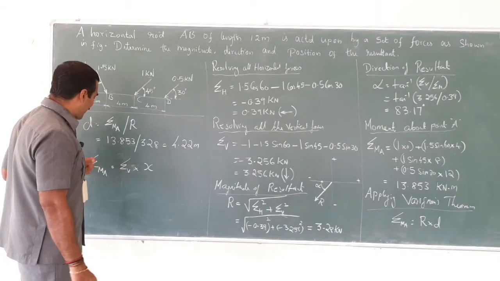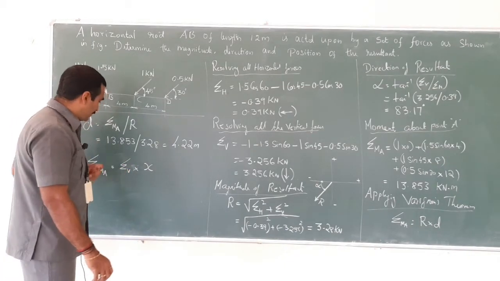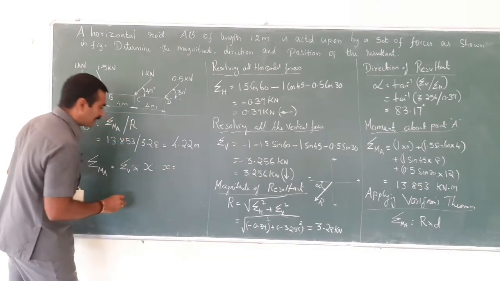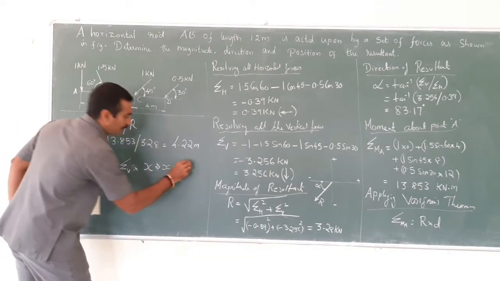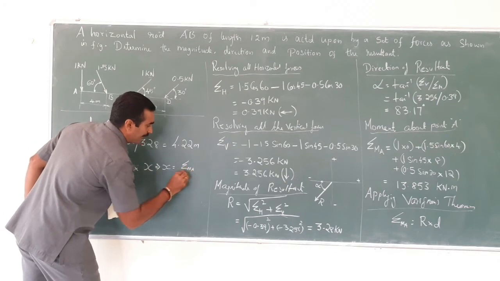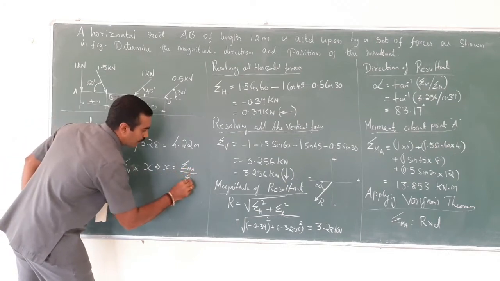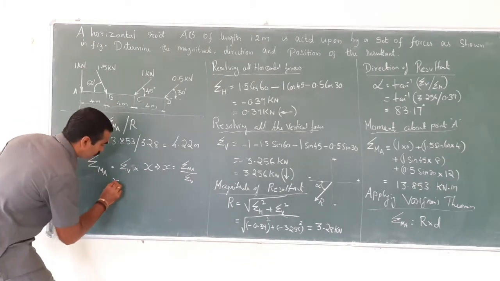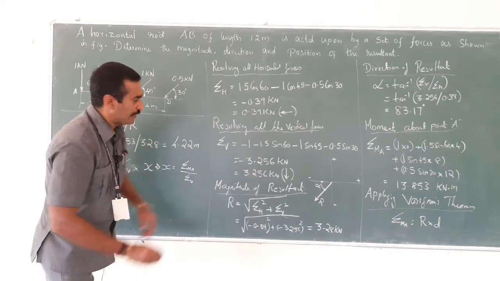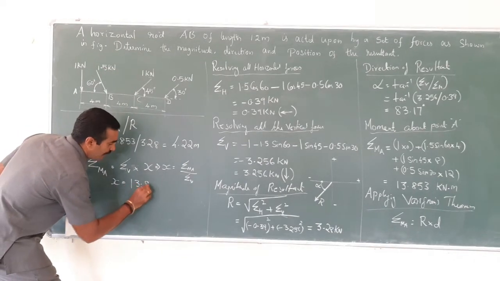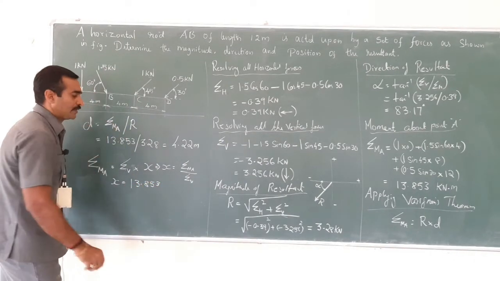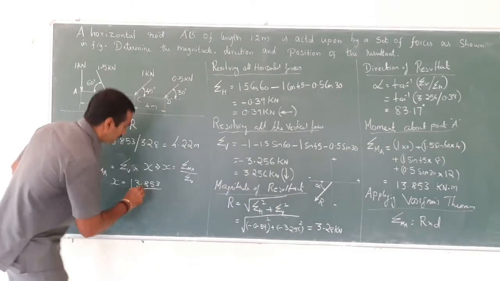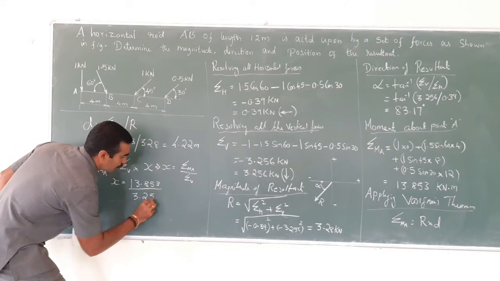So summation V and summation MA are known. So x is equal to summation of moment about A divided by summation of forces in vertical direction. So x is equal to summation of MA, which is 13.853, divided by summation V, which is 3.256.